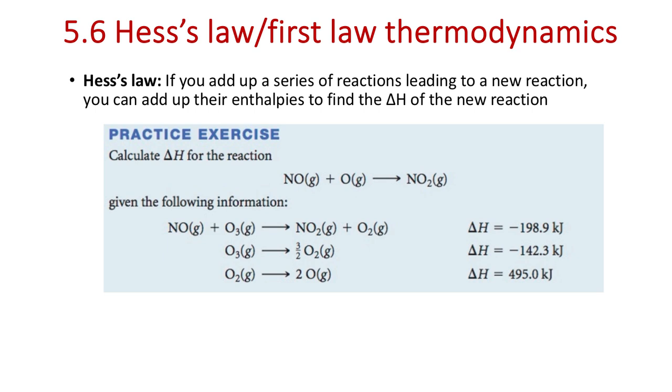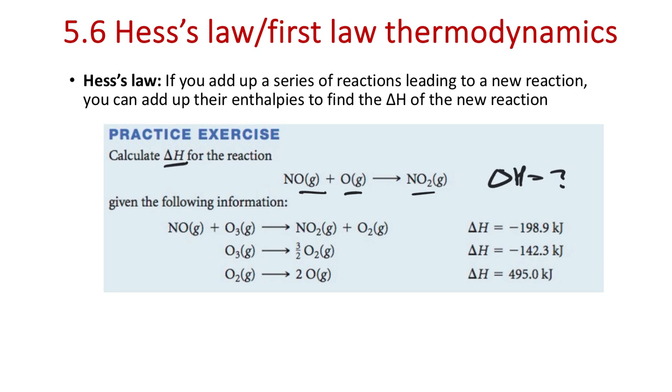Now this ultimately becomes kind of like a puzzle though. So when we're asked to calculate the delta H for this reaction here, NO plus O goes to NO2. It's a very simple looking reaction where NO plus an O atom goes to NO2. If we want to know the enthalpy change of this reaction, what do we do?